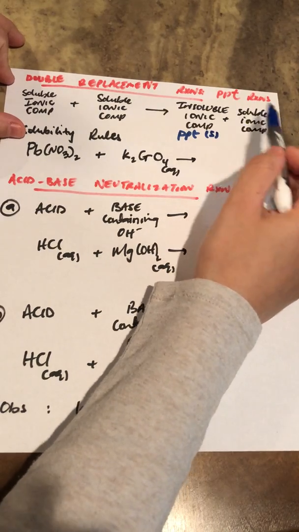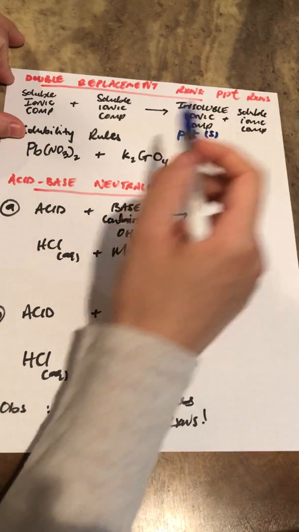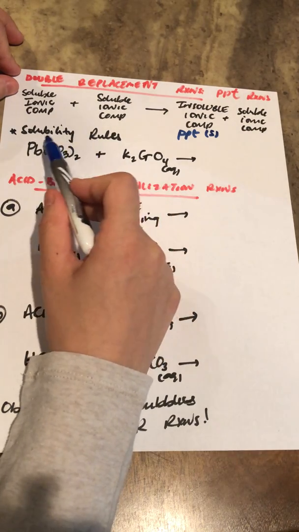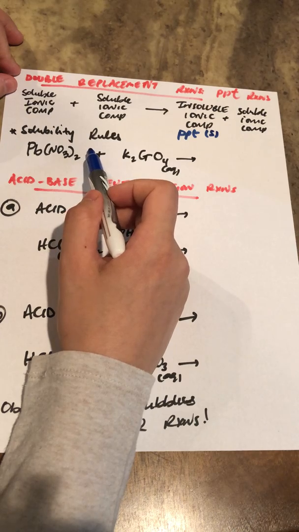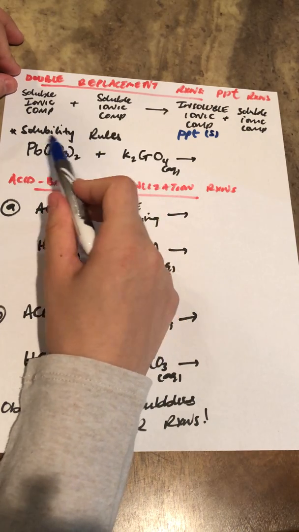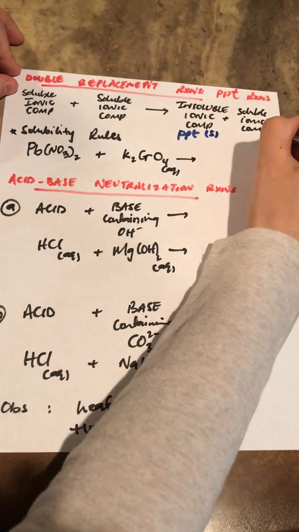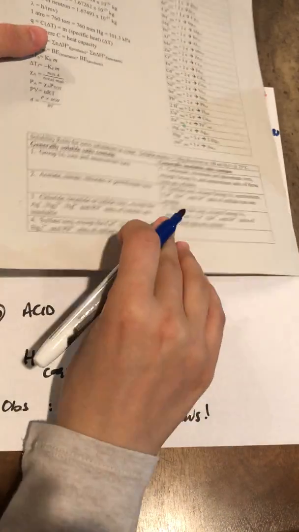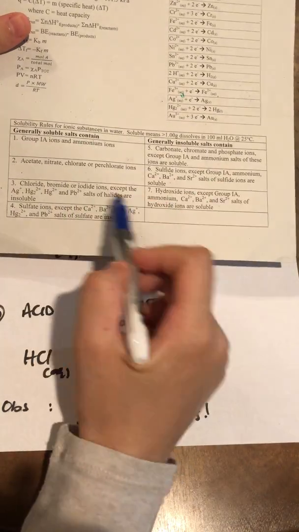And the second product that we're going to be producing is a soluble ionic compound. Now over here we have to refer to solubility rules, just like how we had to refer to the reactivity series with single replacement reactions. Over here we have to refer to solubility rules to determine whether our products are going to be solid or in aqueous phase. Okay. Now, if you actually go to the back of your periodic table, you're going to find the solubility rules.